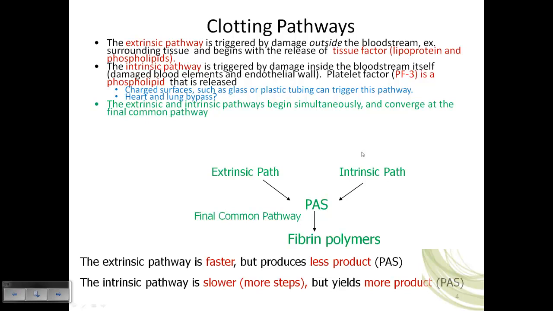The intrinsic pathway is somewhat slower by just a few seconds, but it will develop much more prothrombin activating substance. So that's what I want you to know for the extrinsic versus intrinsic pathways. Extrinsic is faster but produces less PAS. The intrinsic pathway is slower but will make more PAS.